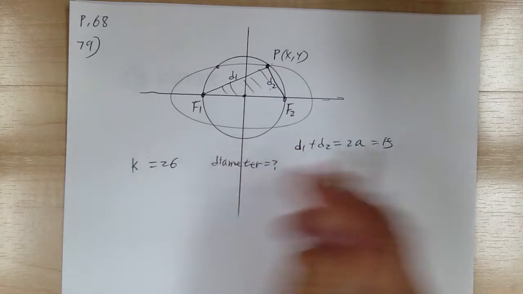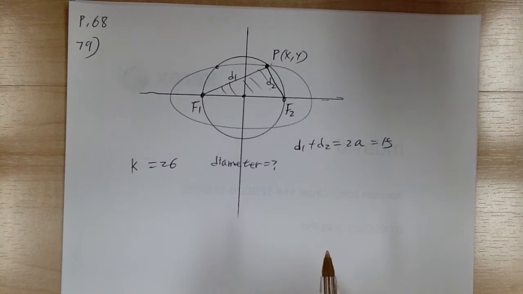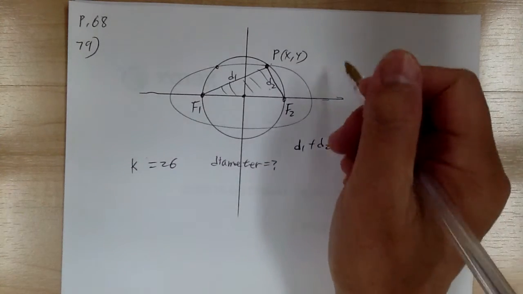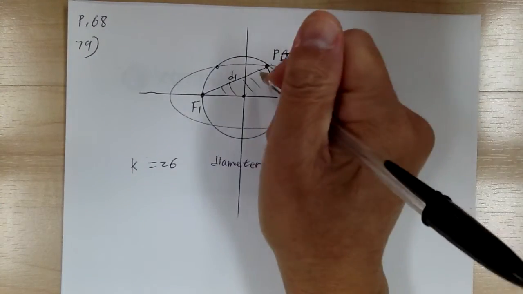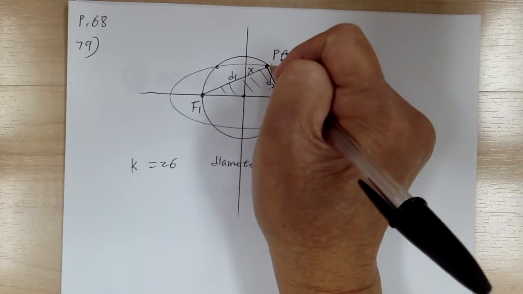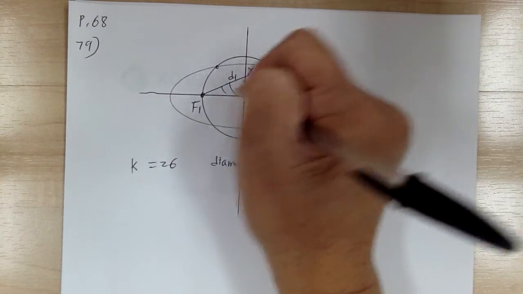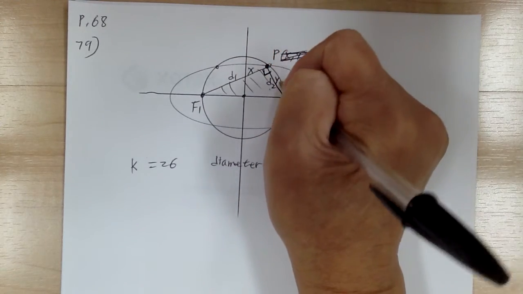You can just read the problem and understand what we're talking about. In this case, instead of using xy, let's call this x and call this y. Since this point is on the circle and this is the diameter, this is a right triangle, so this will be your base and the height.